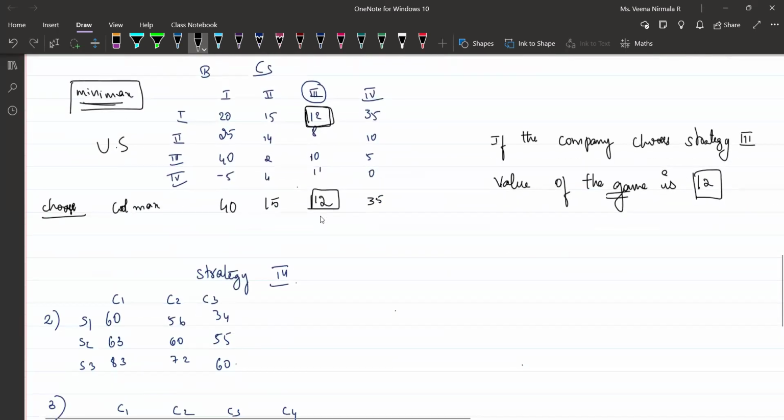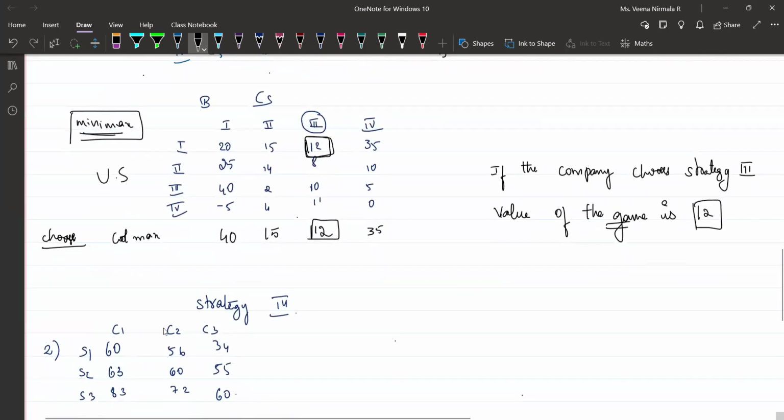Again, a similar problem; I have given a second problem. Just randomly, if you say this is one strategy, C1, C2, C3, then we have S1, S2, S3 as the other strategies. How will you find, according to the maximin criteria, which strategy the company should choose to get the best result? According to maximin criteria, you need to find the row minimum. Which is the minimum here? 34. Here? 55.